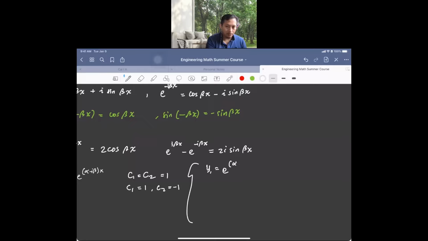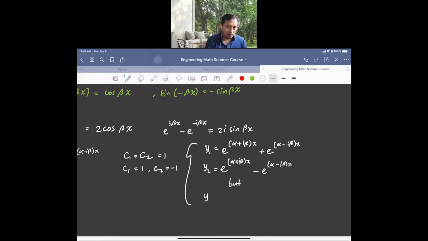That is, y1 is e to the (alpha plus i beta)x plus e to the (alpha minus i beta)x. Okay, that's good. And y2 is e to the (alpha plus i beta)x minus e to the (alpha minus i beta)x. But y1 is e to the alpha x times e to the i beta x plus e to the negative i beta x, which is 2 e to the alpha x cosine beta x.